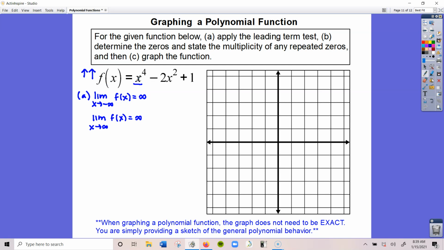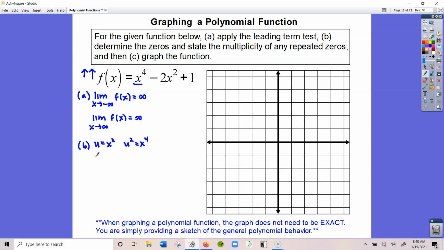Now in the case of this one, in terms of factoring, because we do need to determine the zeros, if you notice, the exponents here go from 4 to 2 to none. So this is where we're going to have to use that quadratic form. So we assign u to equal x squared, and u squared equal to x to the 4th.